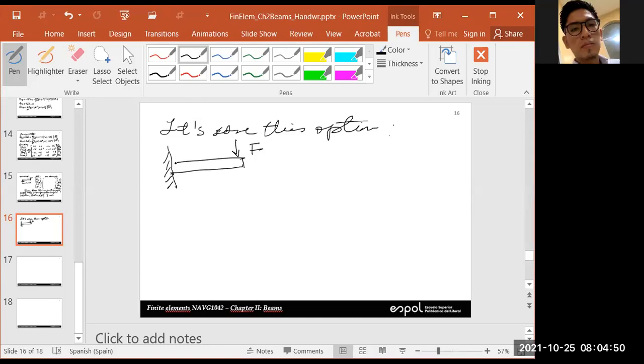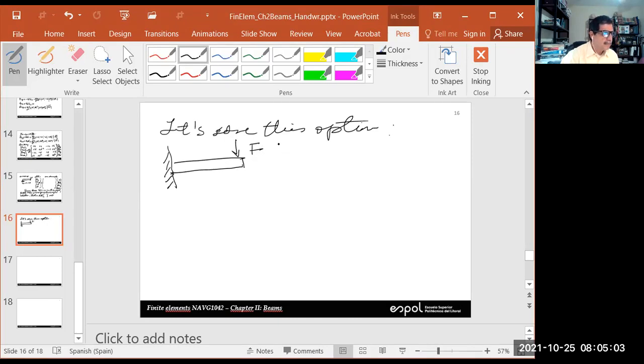Okay, thanks. So here I have no translation, no rotation. Here I have a force downwards and no moment. Immediately we see that here I have F1y, M1z, I have minus F, and I have 0.